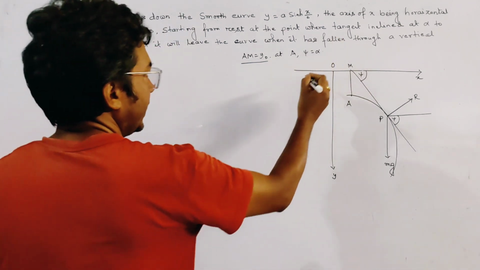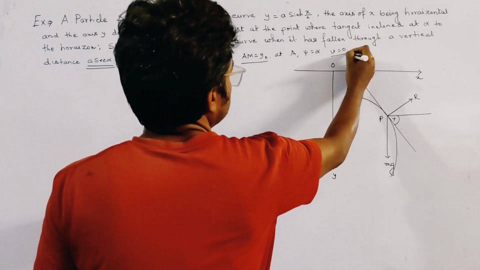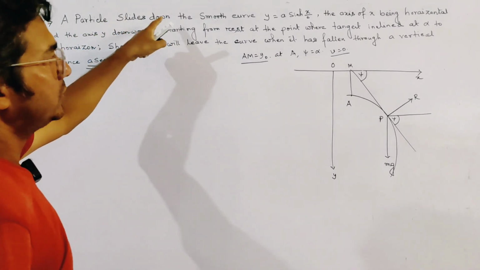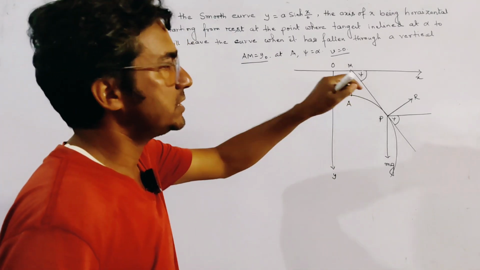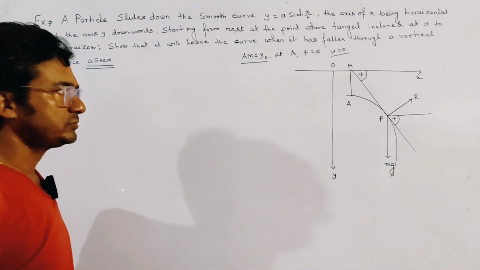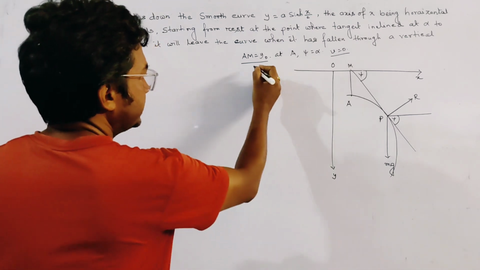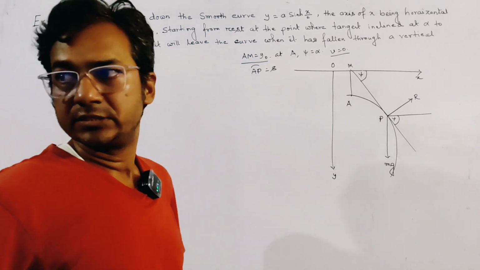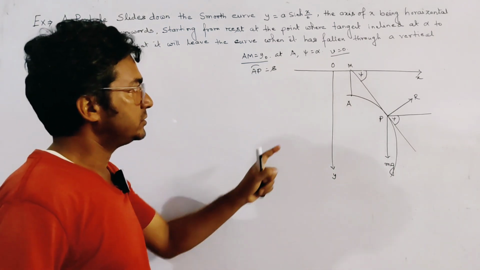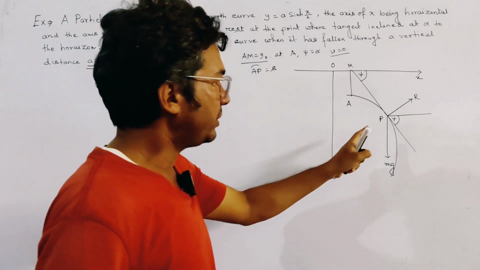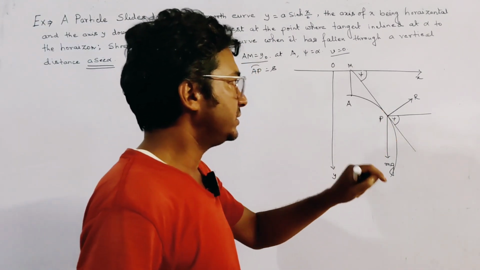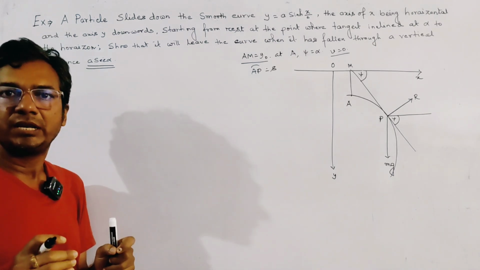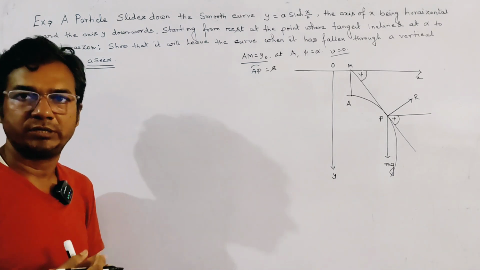And v is equal to 0, because from here the particle slides down from the initial point A. Now let the arc AP be equal to s, and for the equation of motion of the particle at any time t, that is at the point P, we consider the tangential and normal equations of motion.